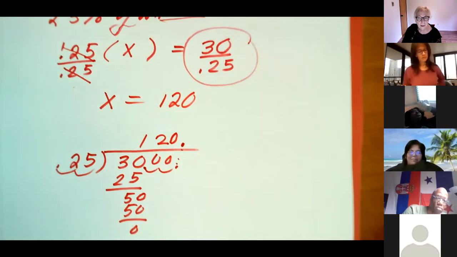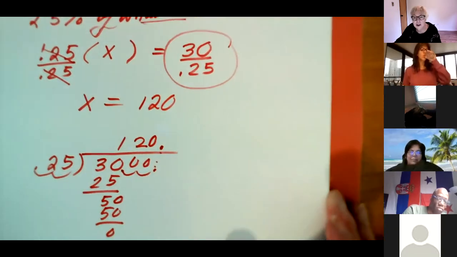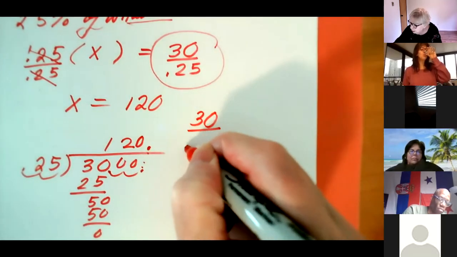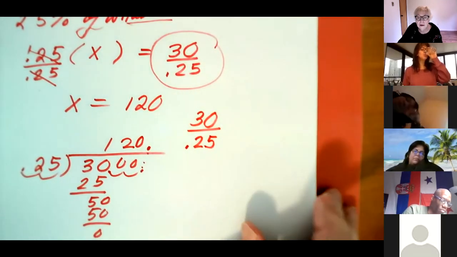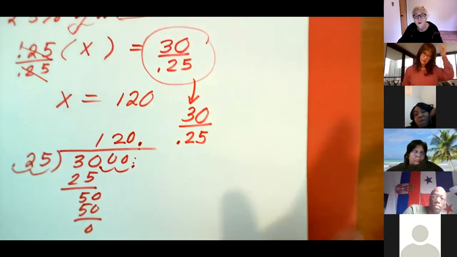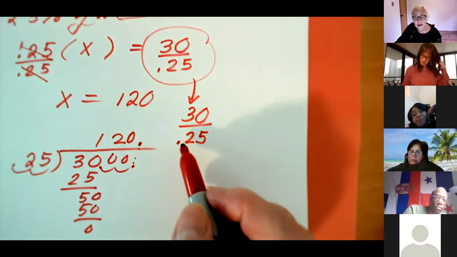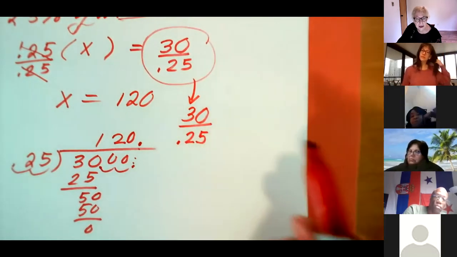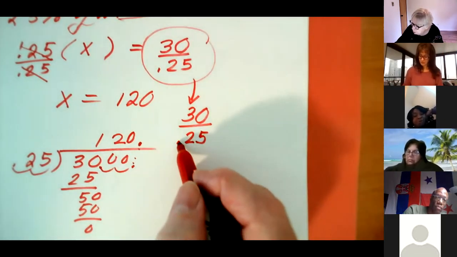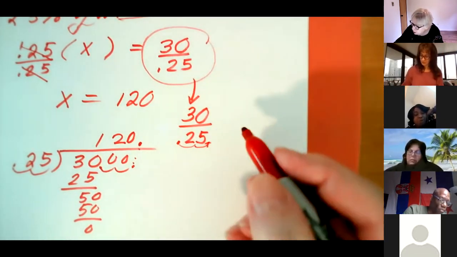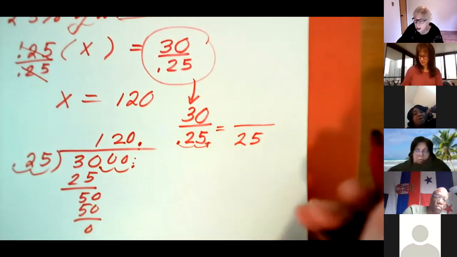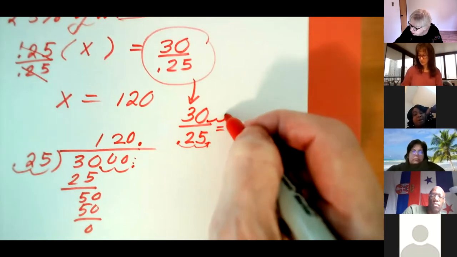Okay. Now, could you have done this other ways? We have multiple ways now. One thing you can do is clear the decimal in this, and then it remains a fraction. If I multiplied this one by 100, which would be 2 decimal places to get 25, I would have to do the same to this.